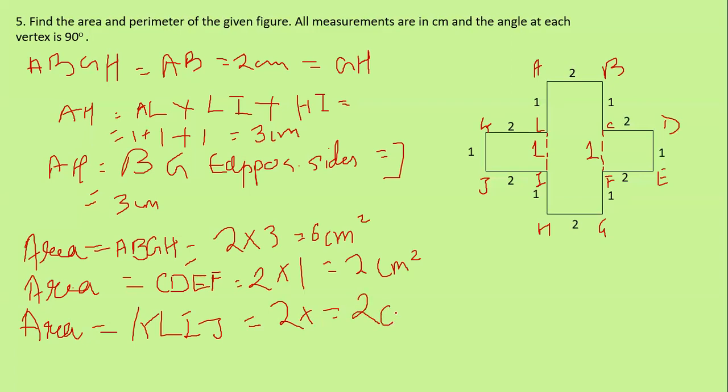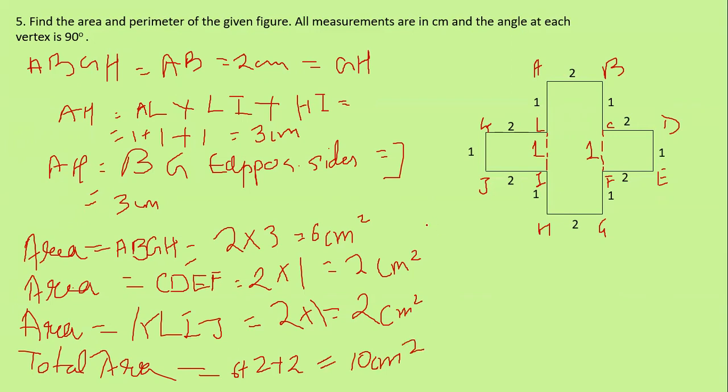Just 2 centimeter square, right? So the total area of the entire figure, इसका पूरा total होगा, how much it will be? 6 plus 2 plus 2 is how much? 10 centimeter square, right? Now what about the perimeter?